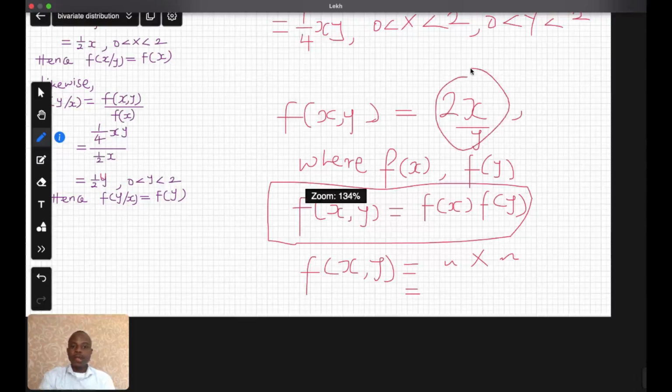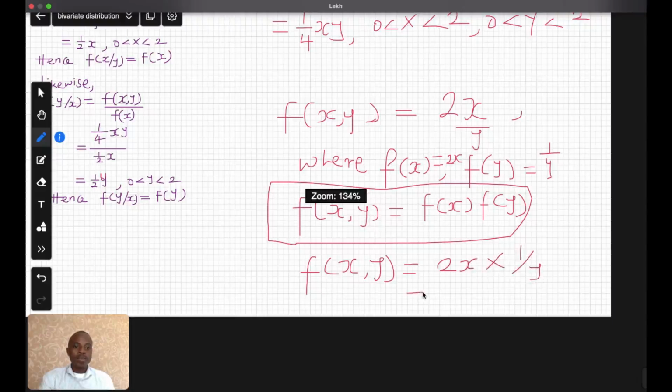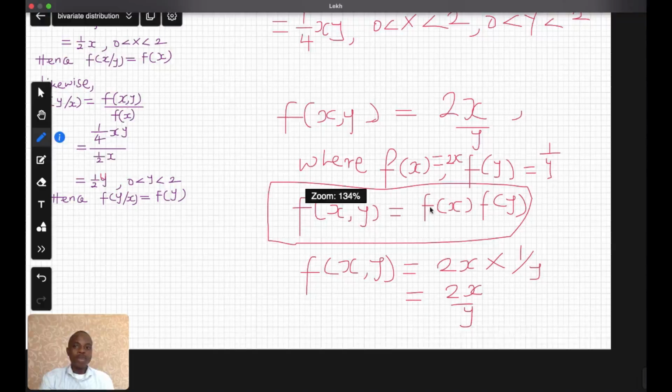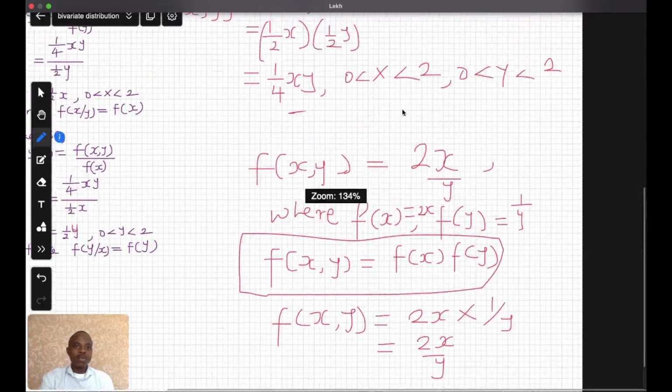Now, in the case where we were given f of x to be maybe 2x, and f of y to be maybe 1 over y, then multiplying f of x by f of y will give us 2x multiplied by 1 over y, and that should give us 2x over y. So don't forget, I'm not writing the range of x and y in this case, but you need to specify the range of x and y as we did here.